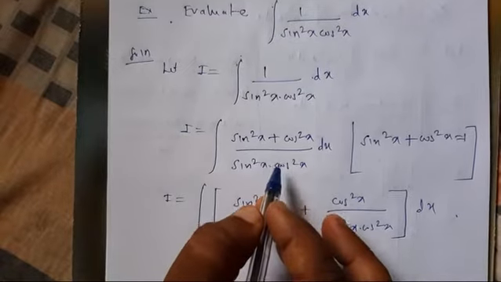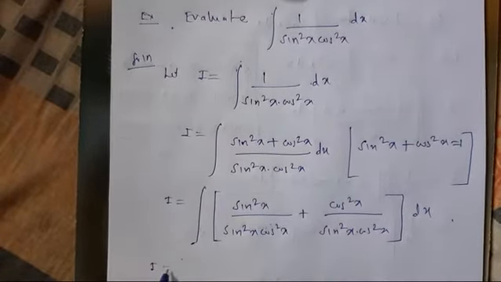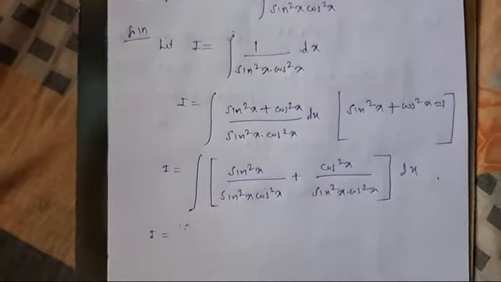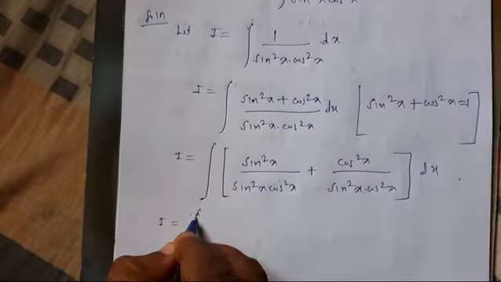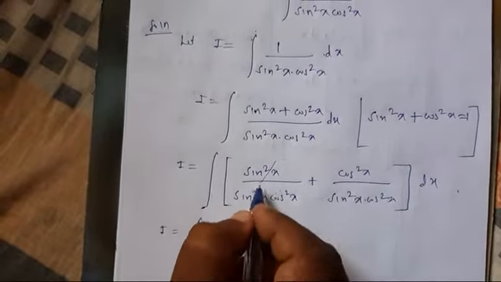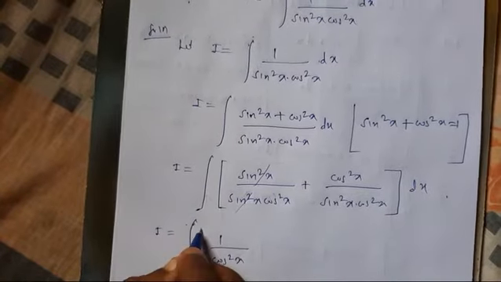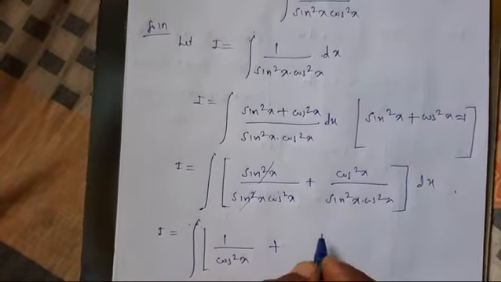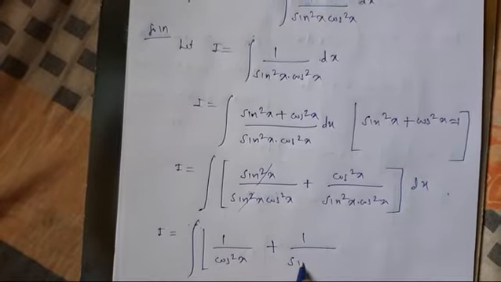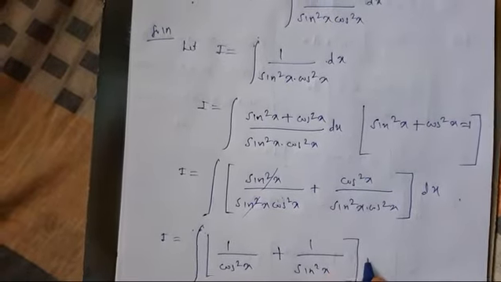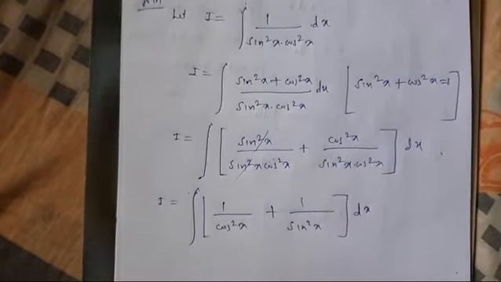I have split this into two parts. So I is equal to, sin and sin get cancelled here, so the remaining term is 1 upon cos square of x plus 1 upon sin square of x into dx.